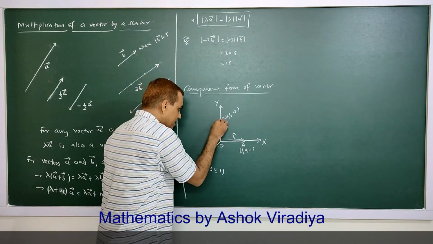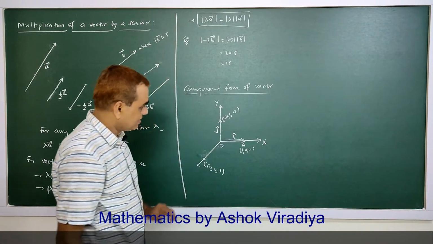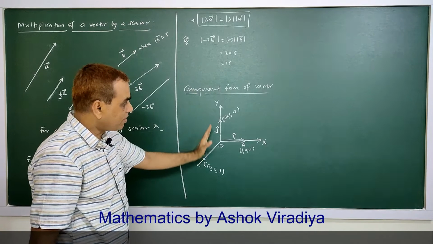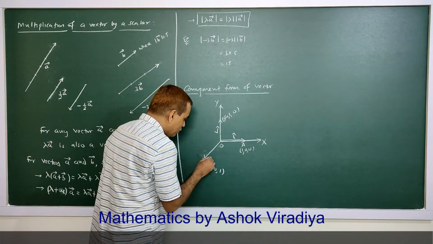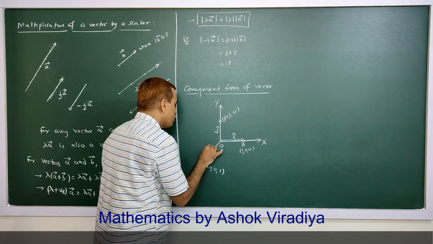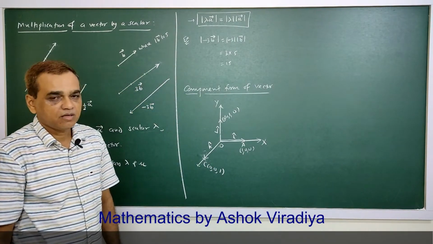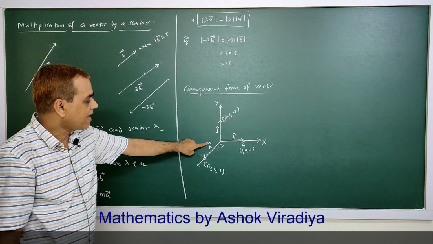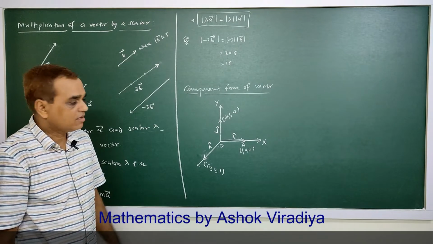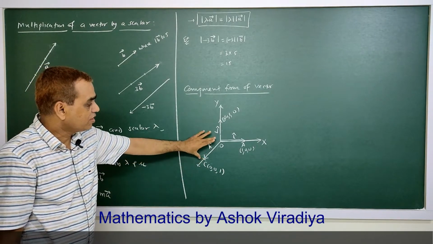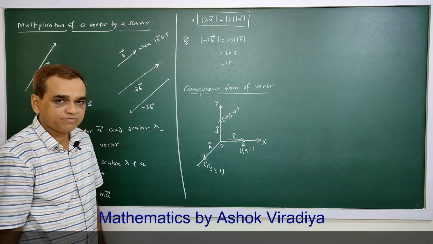This vector is vector j cap, unit vector in the positive direction of the y-axis. And this vector OZ is vector k cap. I am saying cap because for a unit vector we use this symbol. These are standard unit vectors.